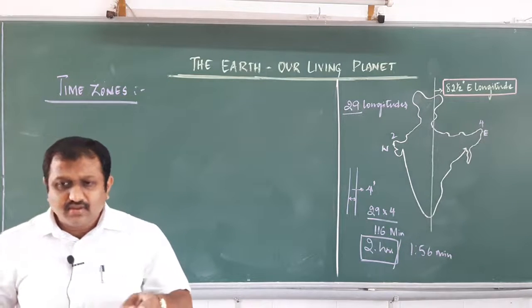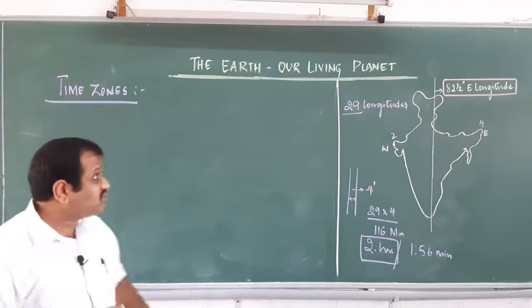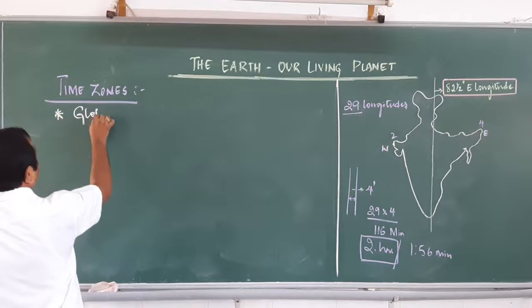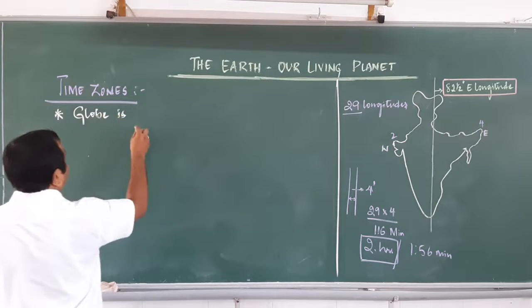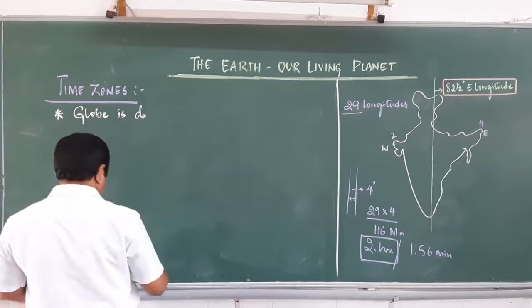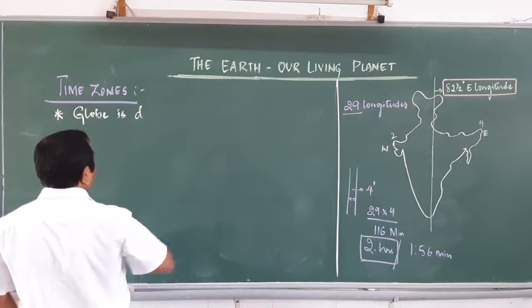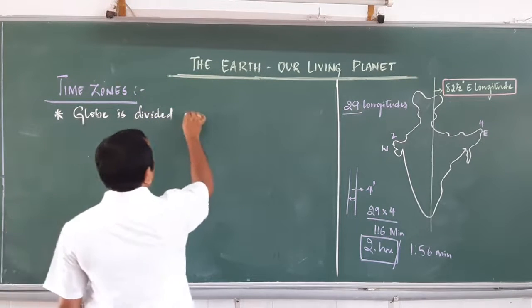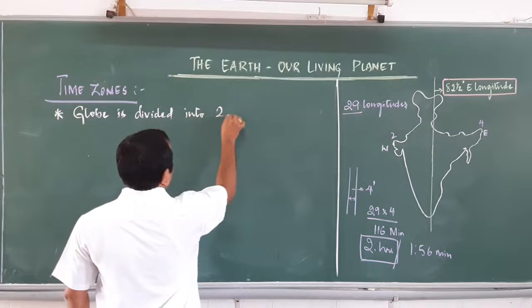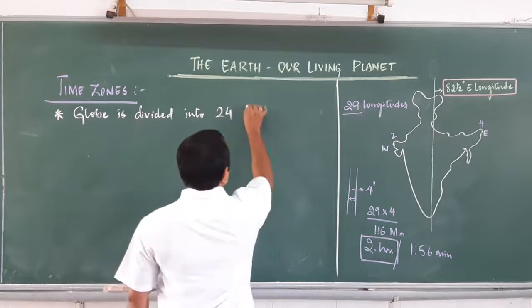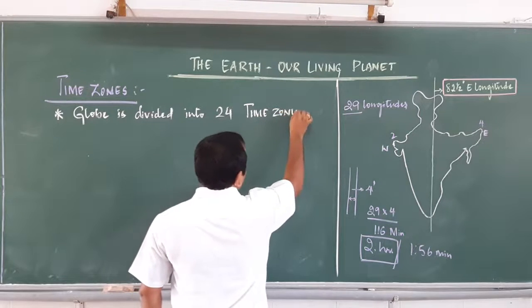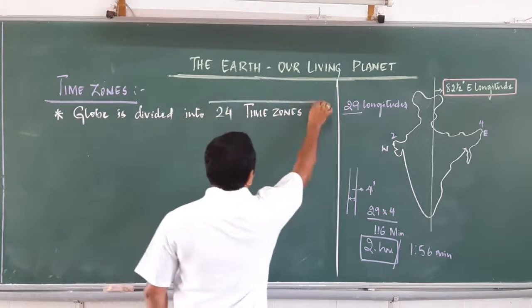See, there are 24 time zones, or the whole world globe is divided into 24 time zones.